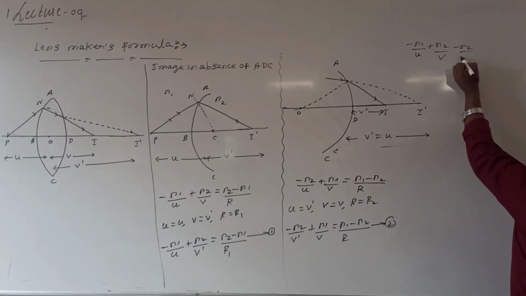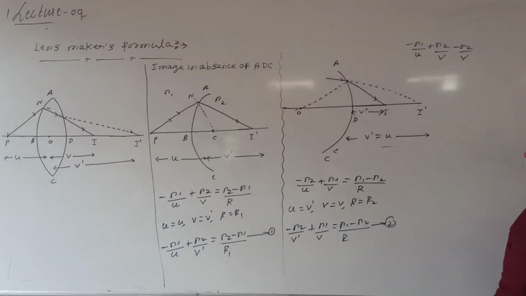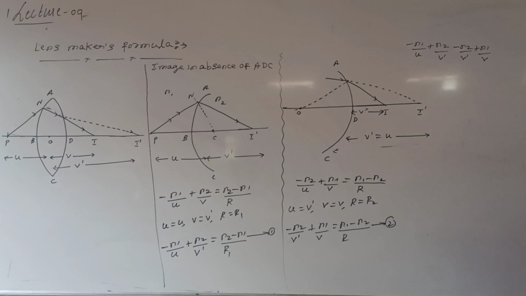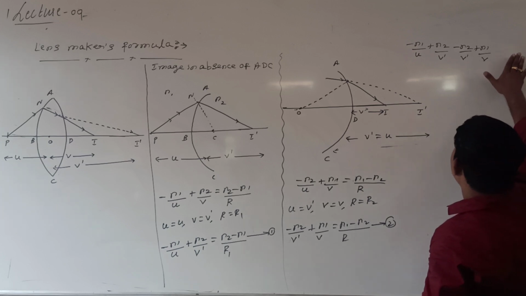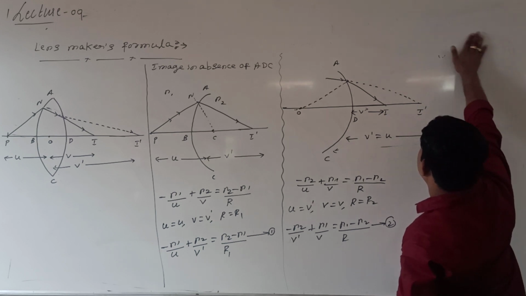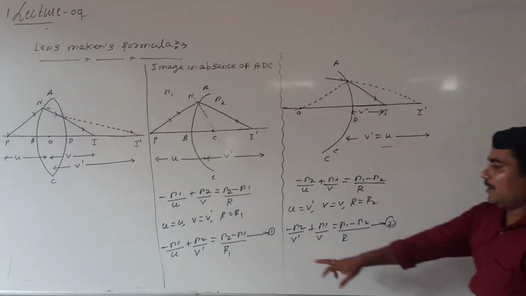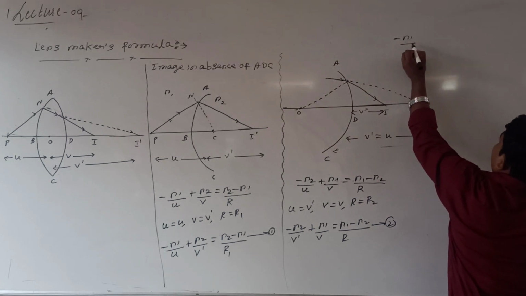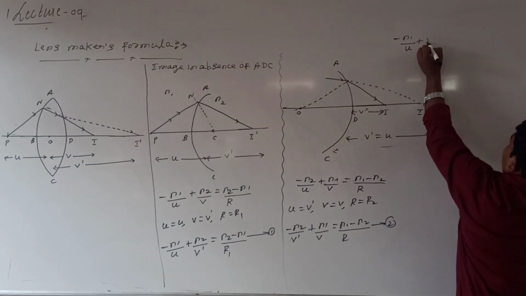So minus N2 divided by V dash plus N1 divided by V. Right or wrong? Shall I write here directly? So to add equation 1 and 2, look at me here. Simply I am going to add equation 1 and 2. Equation 1 is like this. What about this? Minus N1 divided by U plus what value?